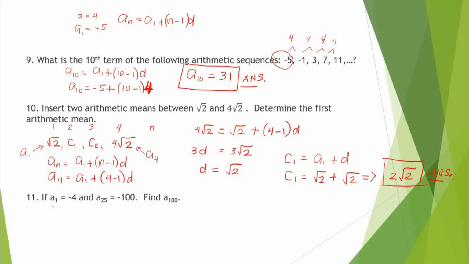Another illustrative example. The first term A1 is equal to negative 4 and the 25th term is equal to negative 100. We are required to find the 100th term.